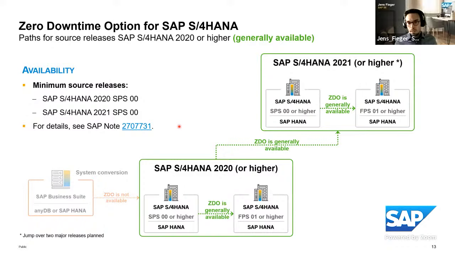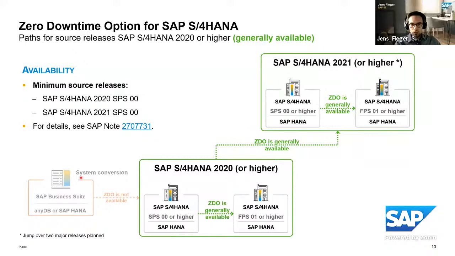But there is no way to do 1909 or any older release to 2021, for instance. The possibility to jump over certain releases was only introduced from 2020. I have one more slide on that to make it a little clearer. GA status started with 2020. That's the important key message that I want to take here.